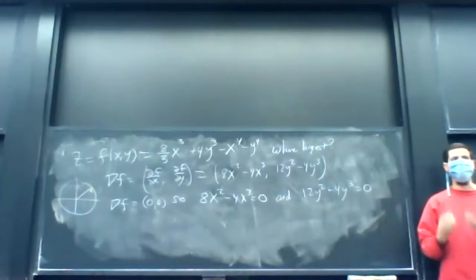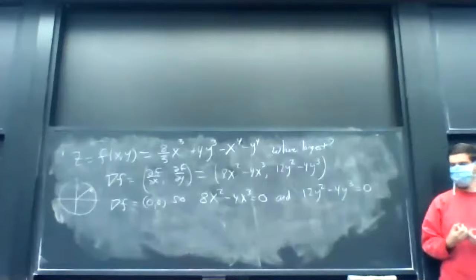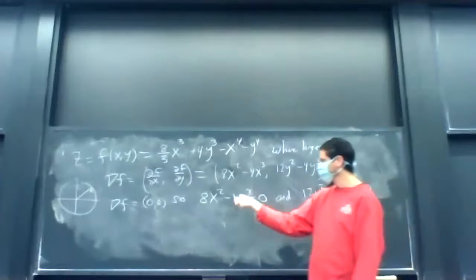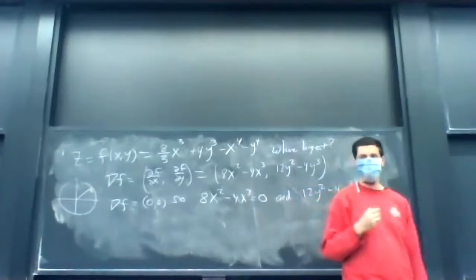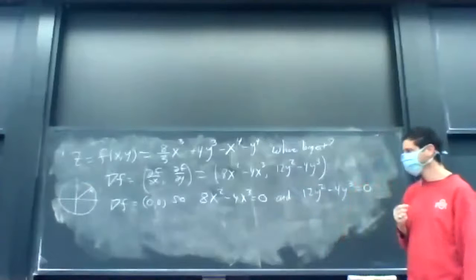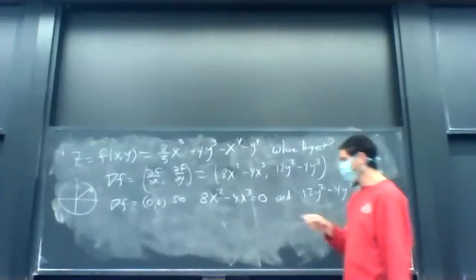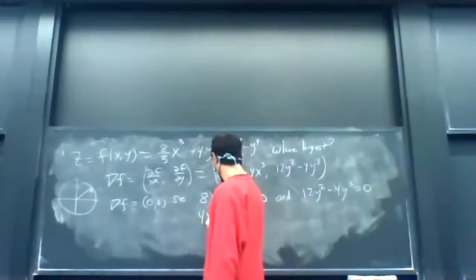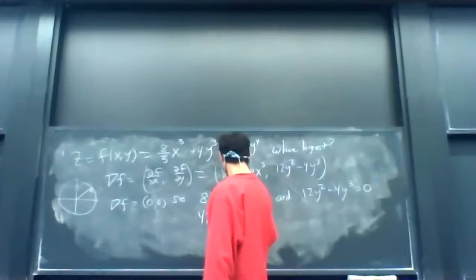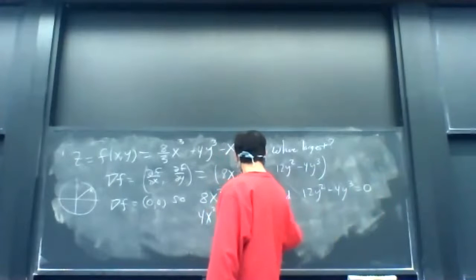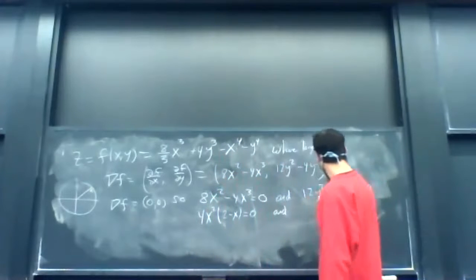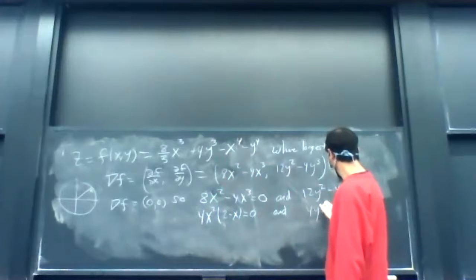And someone is being very kind to us in these functions. How would you factor 8x squared minus 4x cubed? What can you pull out of both terms? 4x squared. So this is 4x squared times (2 minus x) equals 0. And over here I can pull out a 4y squared.